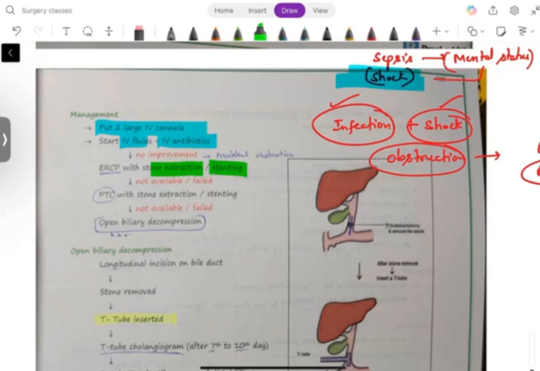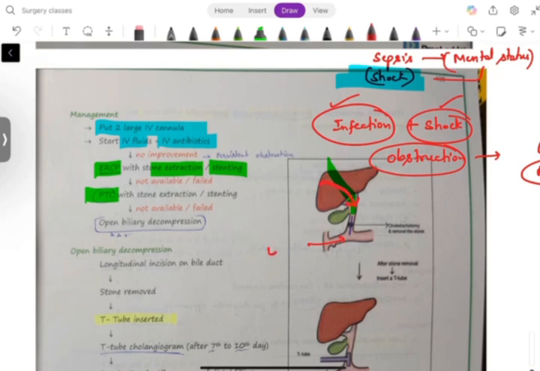After this, if ERCP is not available, or even after doing ERCP we are unable to remove the stone, then we'll go for percutaneous transhepatic cholangiography, that is through the liver. The stone can be in the distal bile duct or in the proximal bile duct.